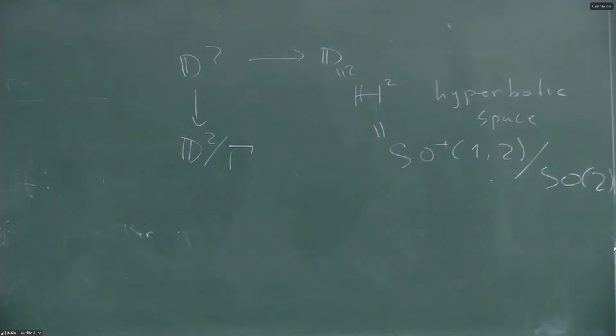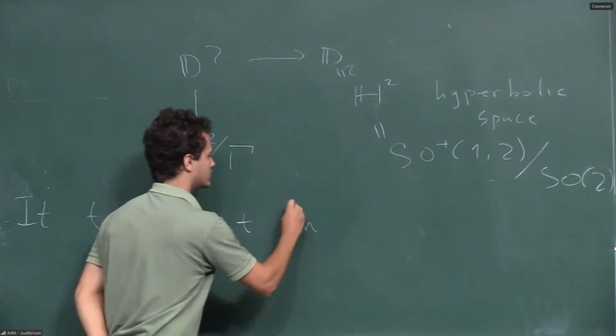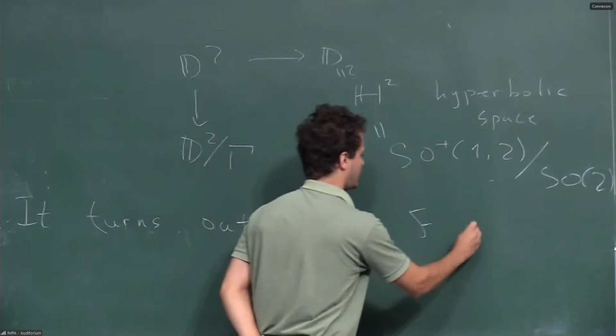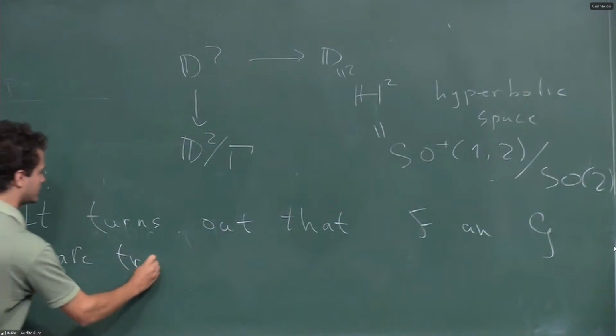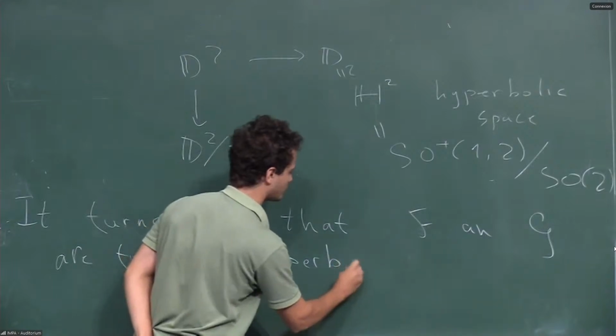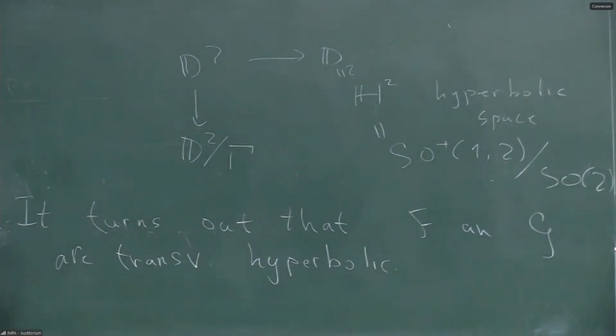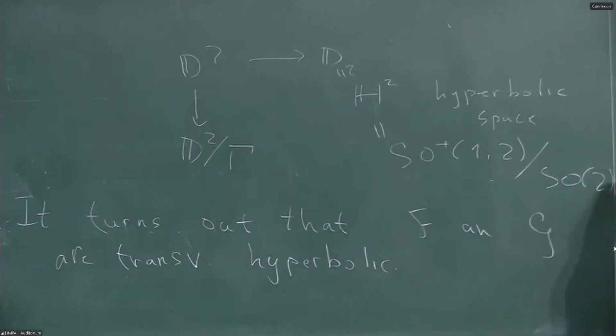And it turns out that F and G are transversely hyperbolic. Okay? So Brunella's theorem says exactly that: all foliations satisfy these properties which are given in the example.